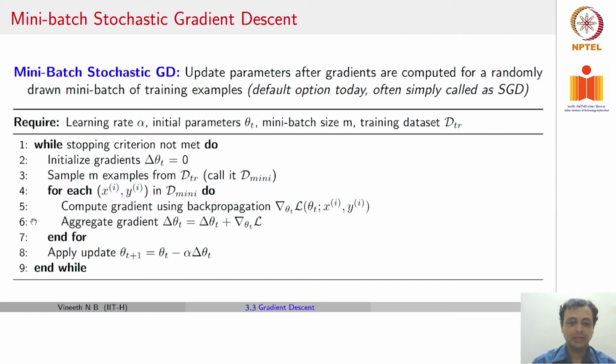Algorithmically, the parameter update once again went out of the loop, but this time you're not going to aggregate gradients for the entire training data set, but only for one mini batch, which you denote as D mini, and you average the gradient only for that mini batch.